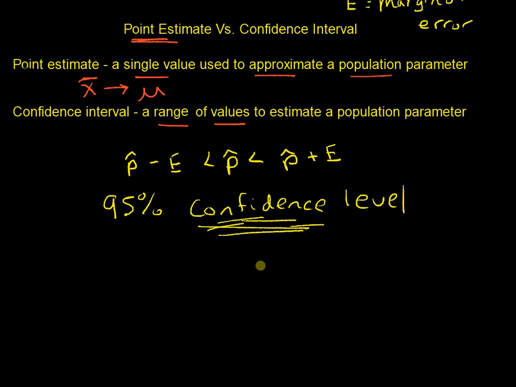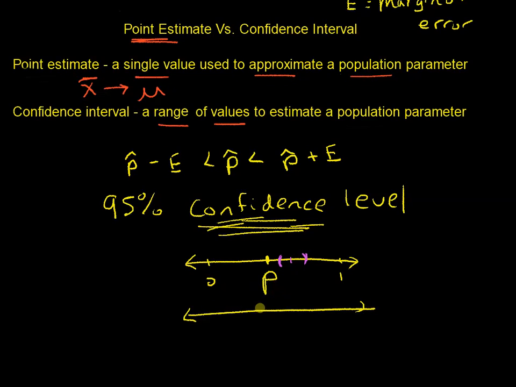There's a true value of p somewhere between 0 and 1. We calculate a confidence interval, and that interval either contains p or it does not. So this interval I just drew does not contain p. But it could.